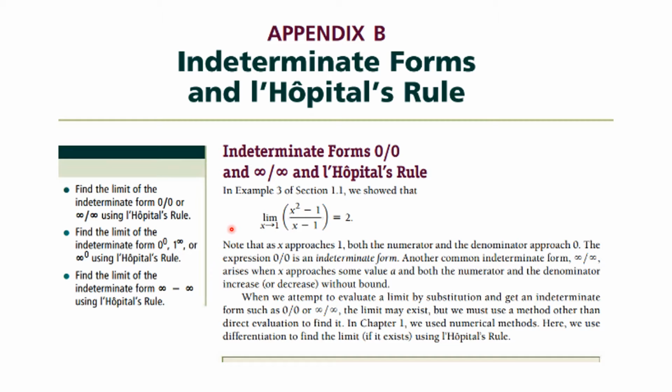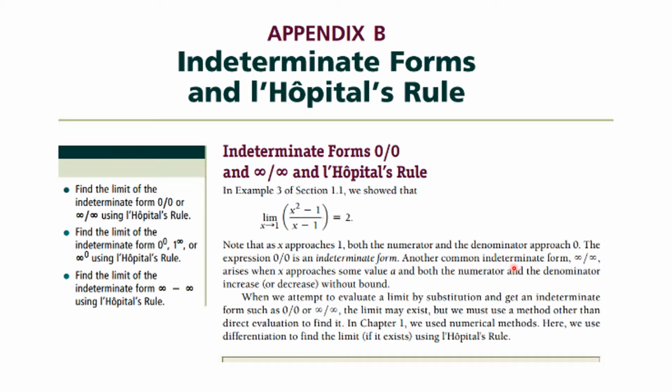Okay, so this is the one we're considering, and we'll show how L'Hopital's rule can be applied to get the 2. Note that as x approaches 1, both the numerator and denominator approach 0. So what we would have if we just try to plug it in is an indeterminate form 0 over 0, because 0 over 0 is meaningless.